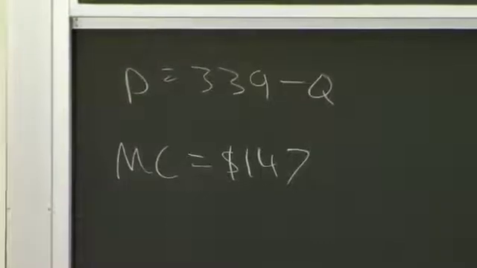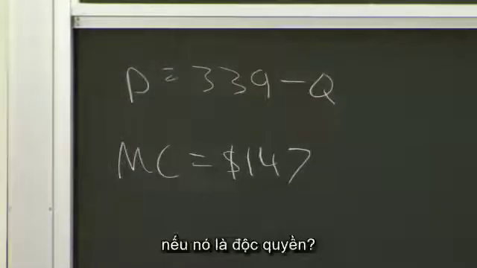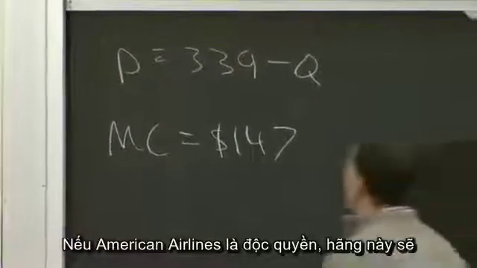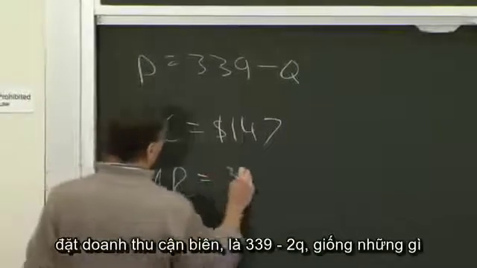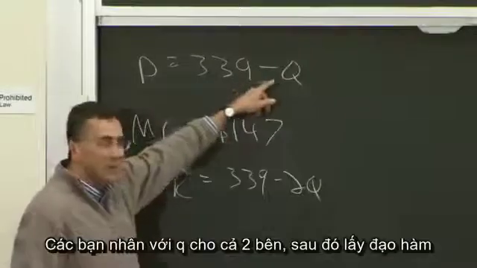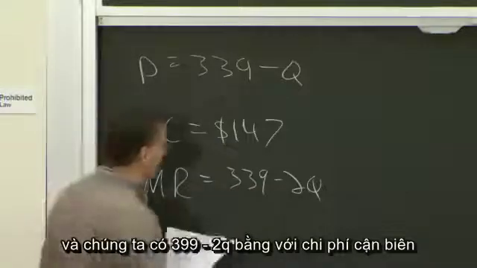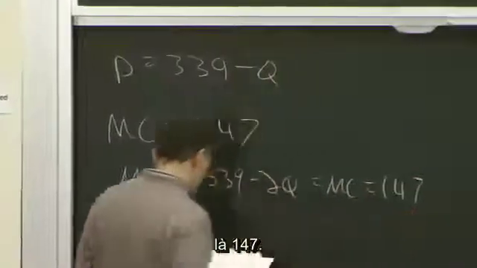Now, what would American Airlines do if it was a monopolist? It would set marginal revenue, which is 339 minus 2Q, by the same math we did before (you multiply through by Q and then differentiate), equal to the marginal cost, which is 147.